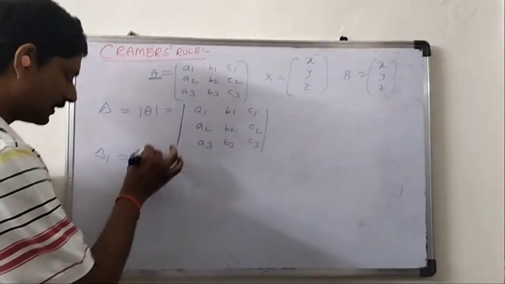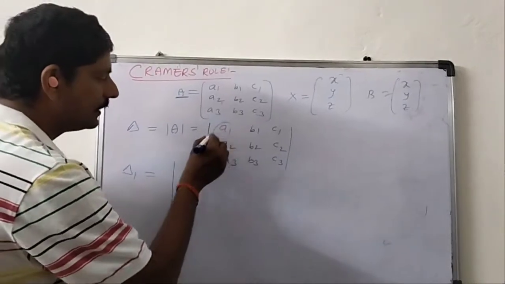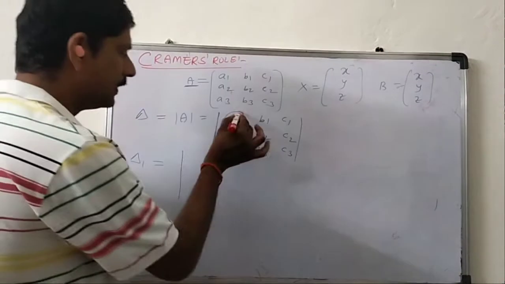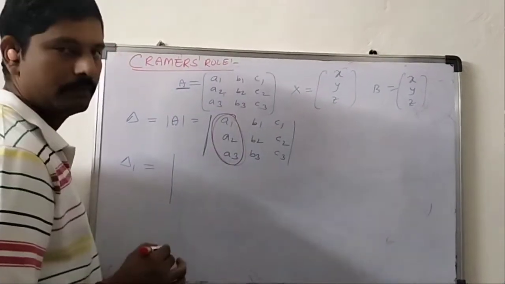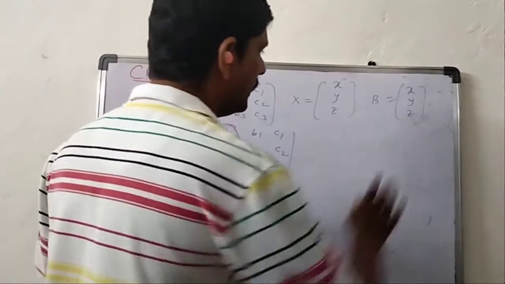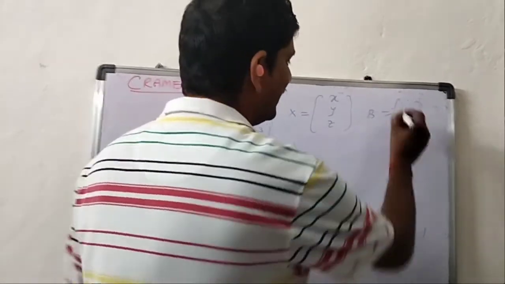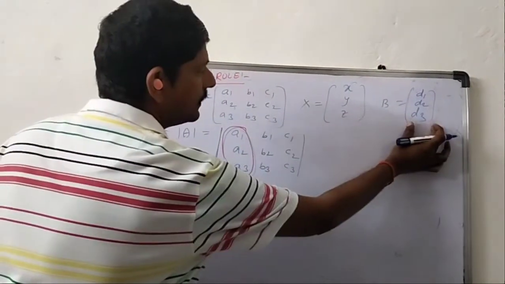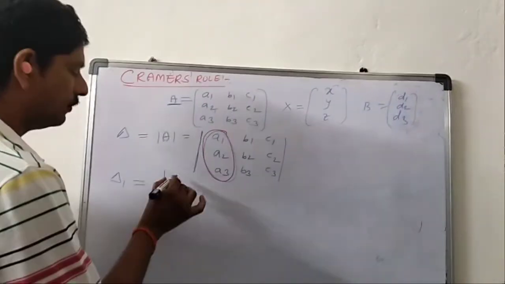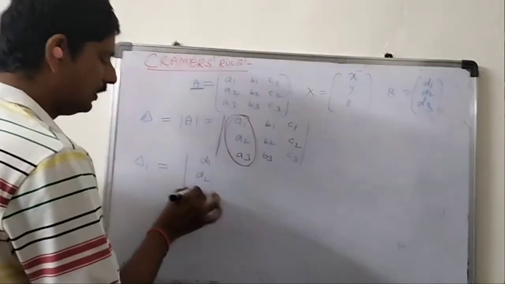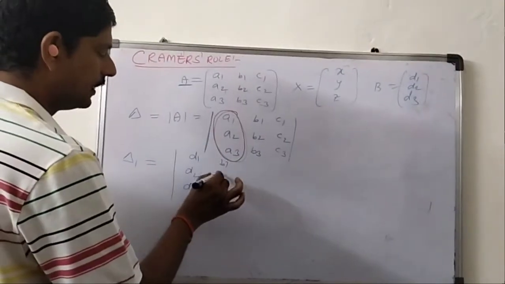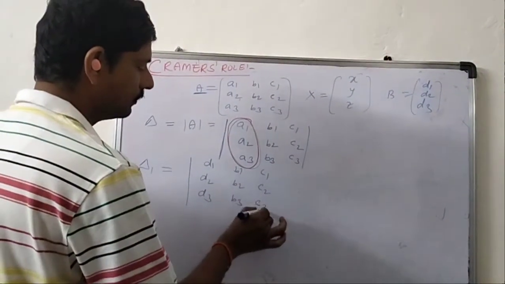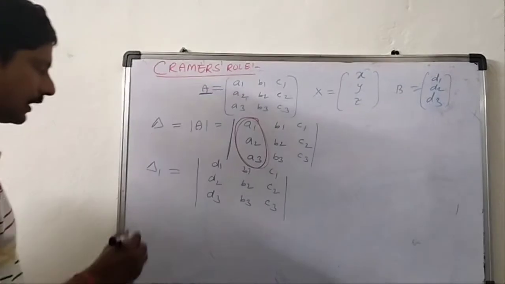Delta 1 is obtained by replacing the first column by d1, d2, d3. So we get delta 1 as d1, d2, d3, and the remaining two columns are the same, b1, b2, b3, c1, c2, c3. Okay, and delta 2.